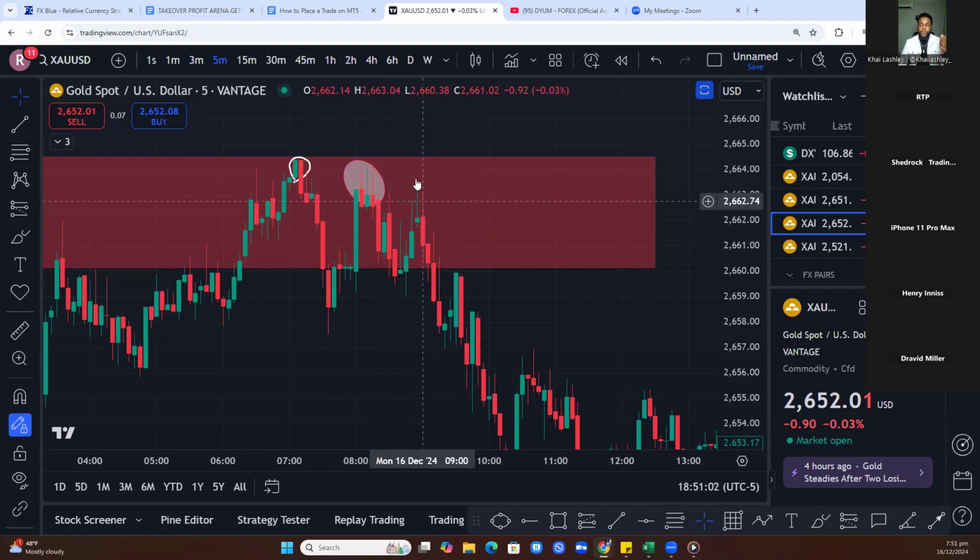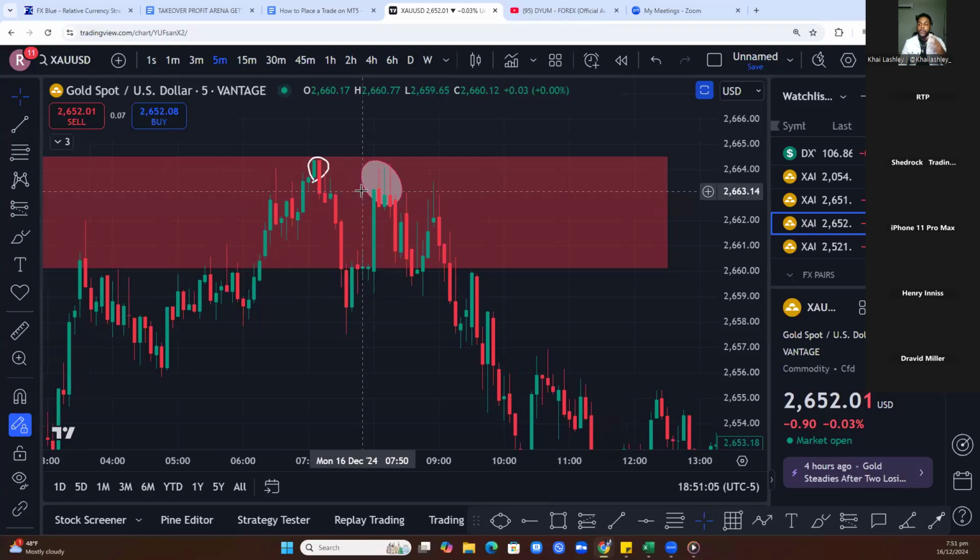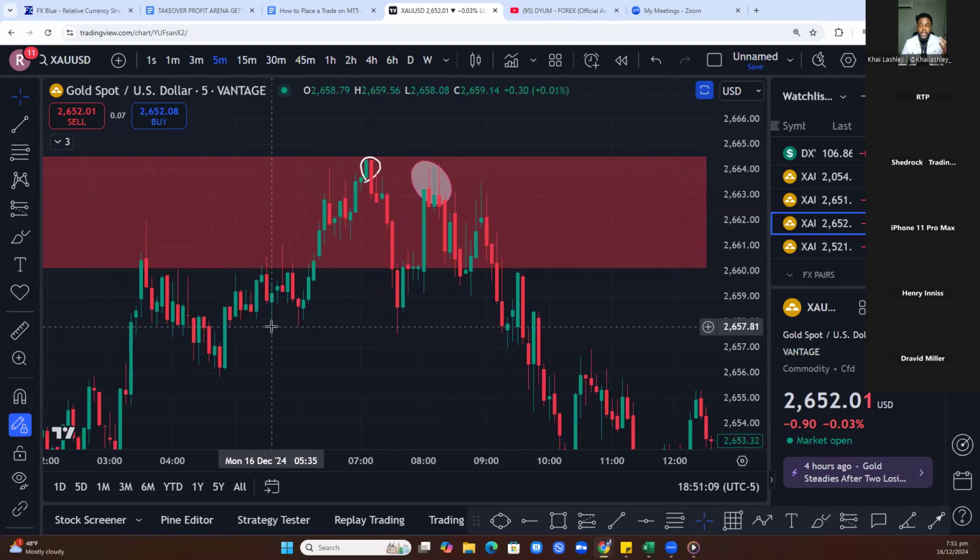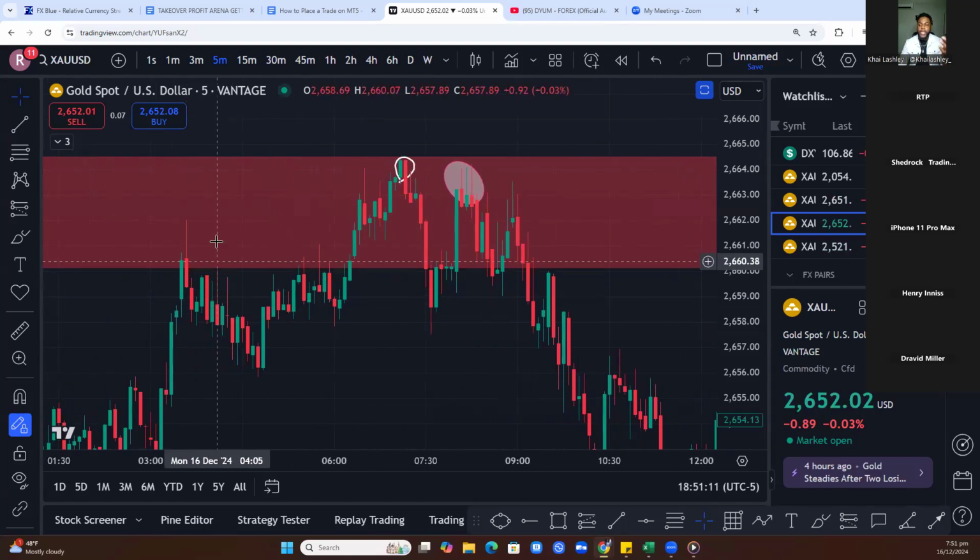It's very important, like I said, that you use it with structure. Here, for example, yes, you get long wick rejections, but that was not an indication that I want to sell. That would have been very, very short term. Or even like this, because you get a long wick rejection like this, that doesn't mean sell. It always has to work in tandem with structure.